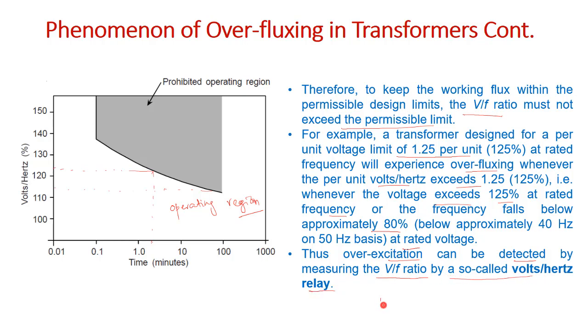This is called the V by F relay, and it is very useful. It works on the principle of this characteristic of V by F ratio versus time, right. Okay. So when your V by F lies in the prohibited operating region, your relay trips the circuit breakers.